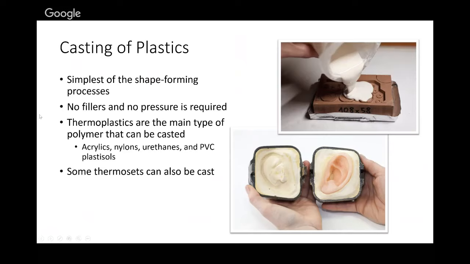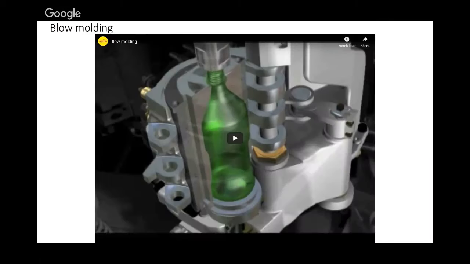When we talk about simple casting of plastics, that's like we saw. You just have the mold, you pour it in or push it in to force the liquid material into the mold. Again, the thermoplastics are the main type, but not the only type. Thermosets can be used. Another example of a casting category of the plastics is called blow molding.